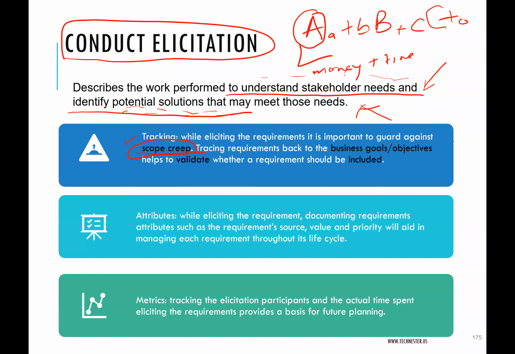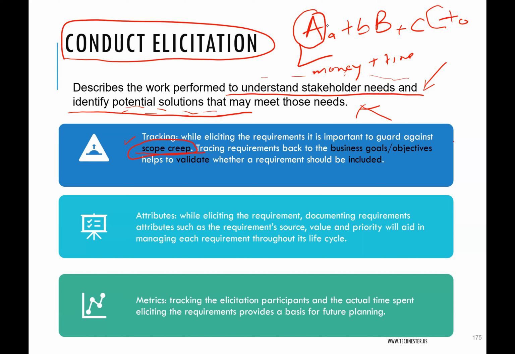That's scope creep. So the scope is creeping. Creeping meaning it may be increasing slowly that you won't even notice, right? So it's creeping up on you. The scope is expanding quietly that you won't even notice. So that's scope creep.